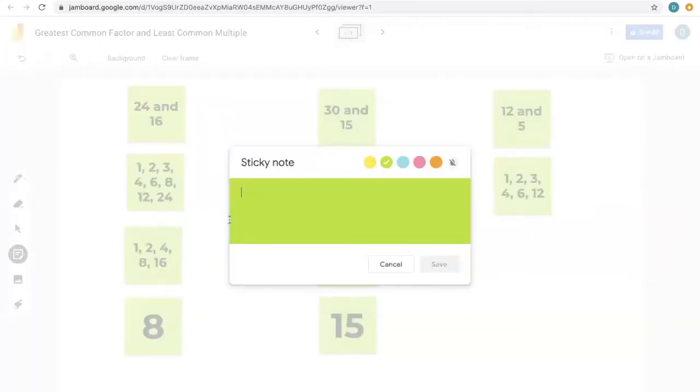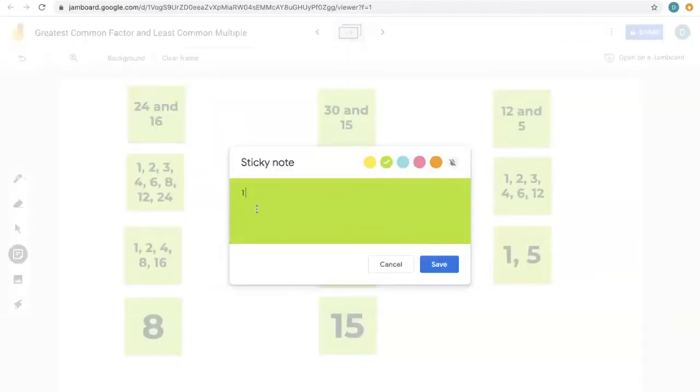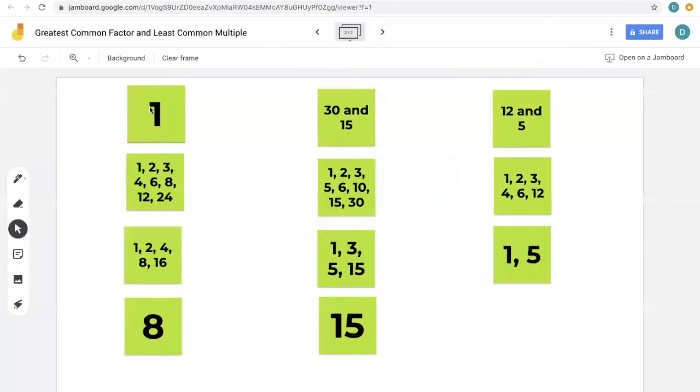And then for 5, we just have 1 and 5. So 1 is in both of them, but 5 is not. That means 1 is our greatest common factor. And that is possible. The least it can be is 1. In this case, 1 is our greatest common factor because 5 is nowhere to be found in our factors of 12.